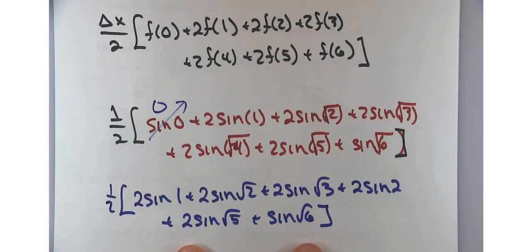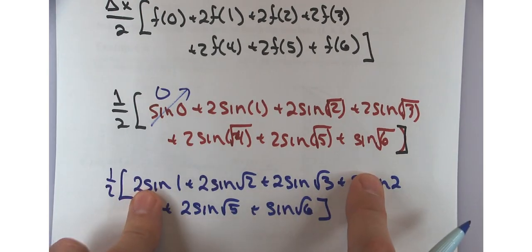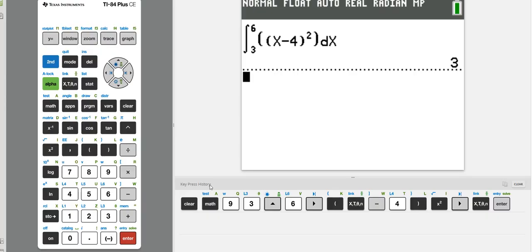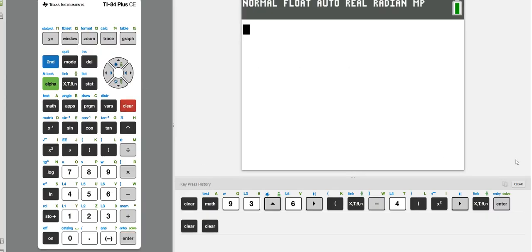If you did want to be clever, we could add up these and factor out the 2. Might be a little bit easier. But let's just go through and bang this one out.